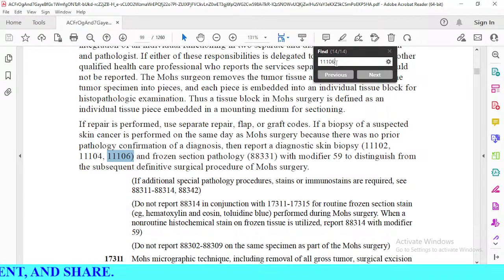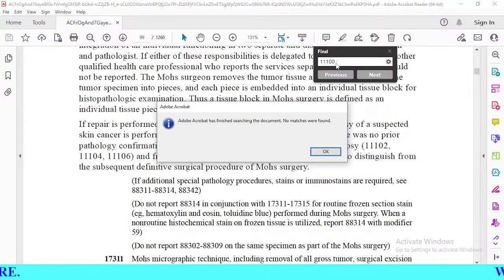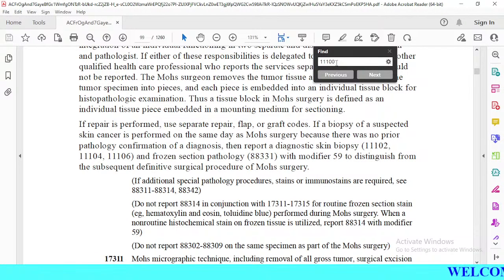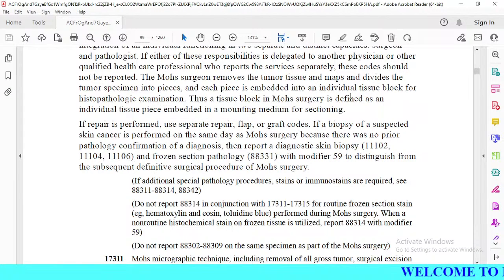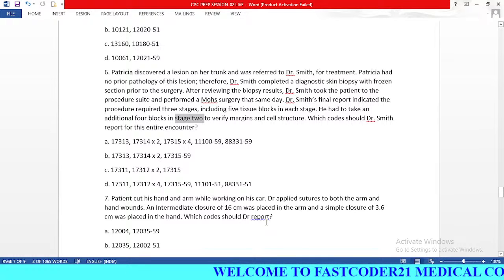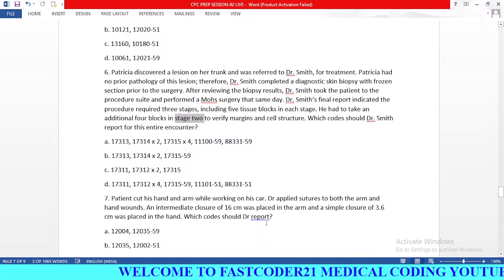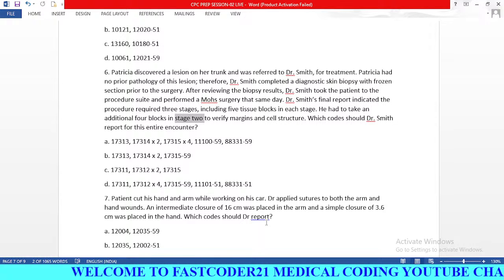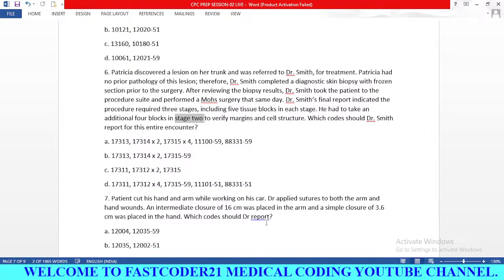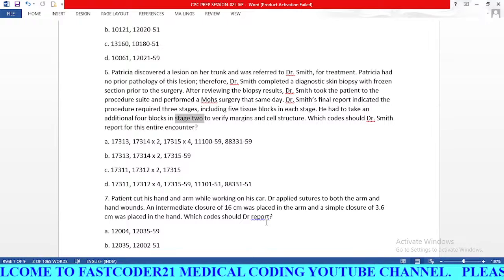Sorry, 11100. Vinaya, that code is deleted. We are learning only regarding Mohs surgery now. So 11100 is deleted already. Just concentrate on Mohs surgery now. That's why I told you that is the old answer. So skip that 11100 for the time being.